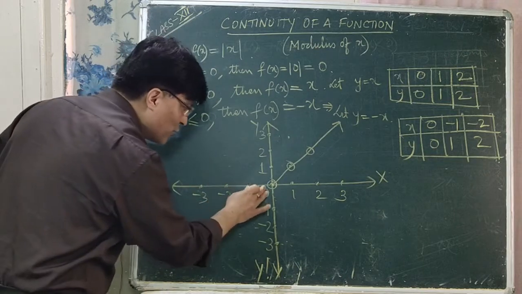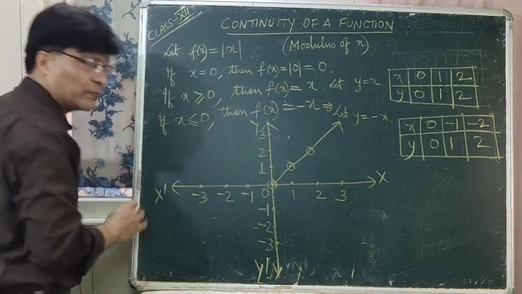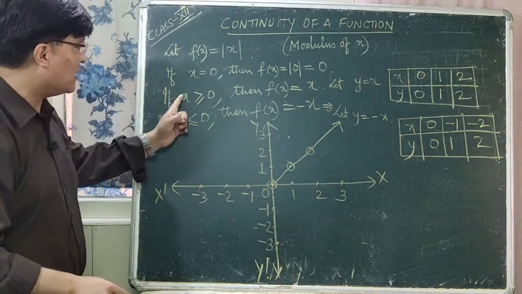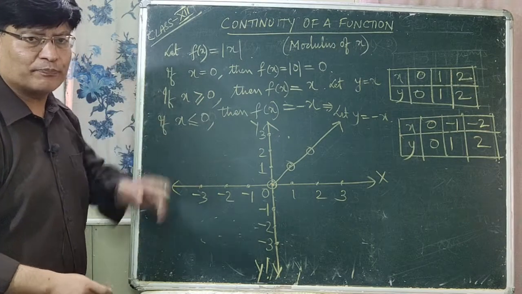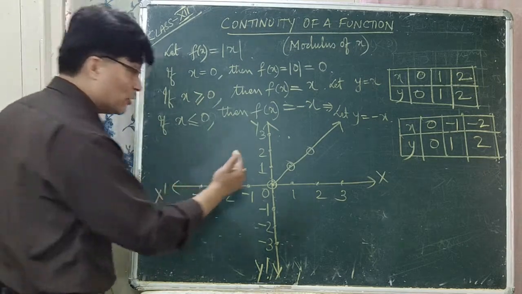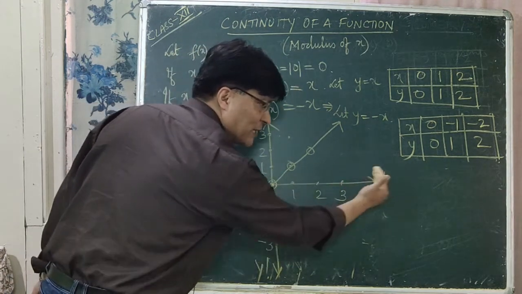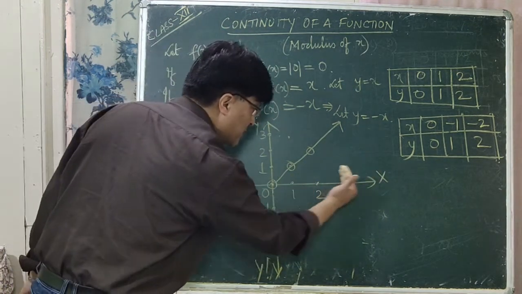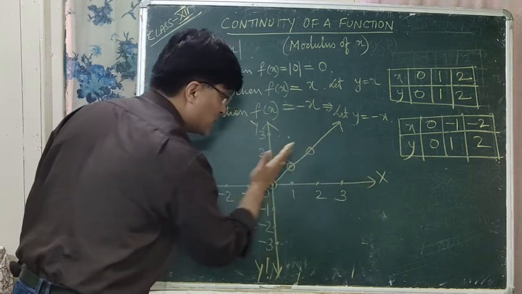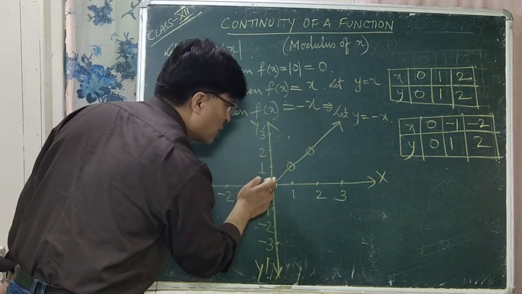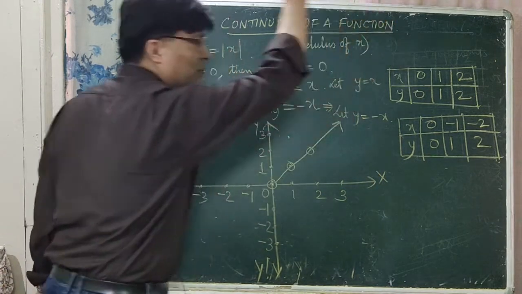But you cannot draw a straight line below this point out here. Why? Because it is given x is greater than 0. So if x is greater than 0, positive side of x-axis means on the right side of y-axis. Positive side of x-axis is this one, on the right side of y-axis. So you have to draw the graph from this origin up out here. It goes up to infinity.